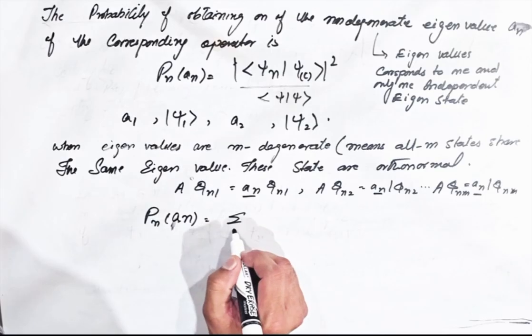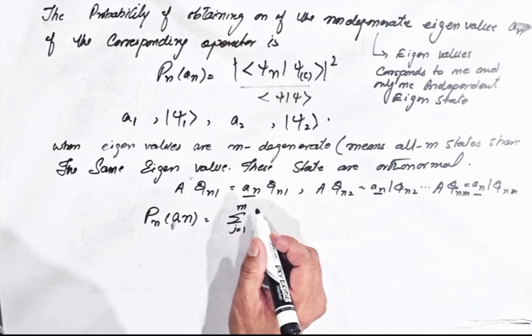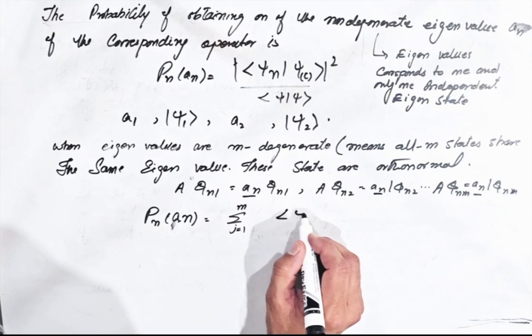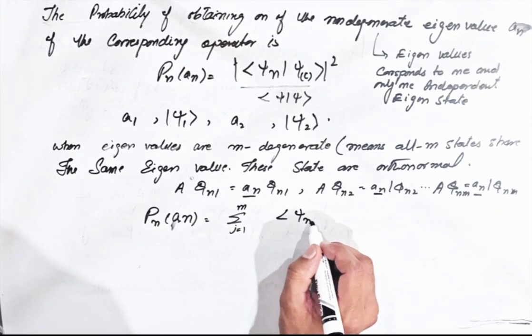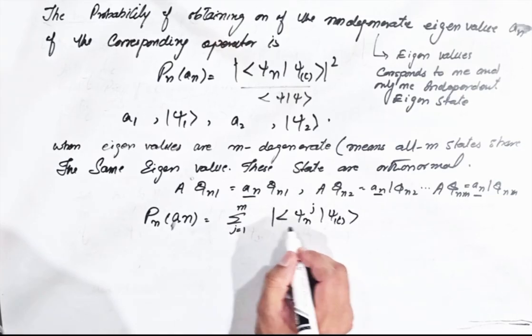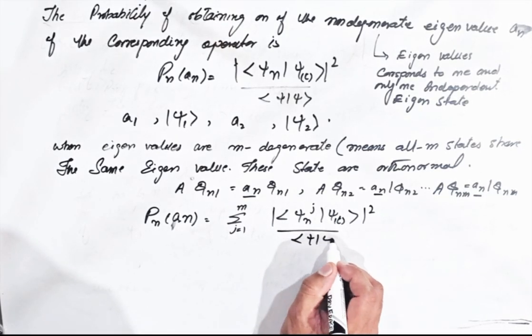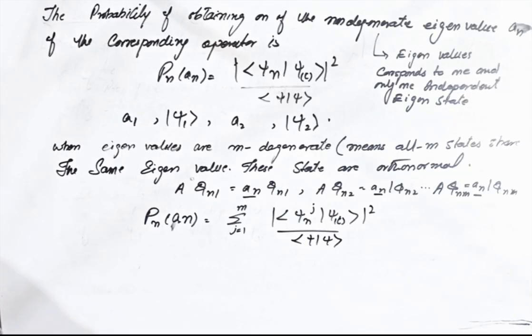The probability is equal to summation j equal to 1 up to m of psi n j psi of t divided by psi psi.